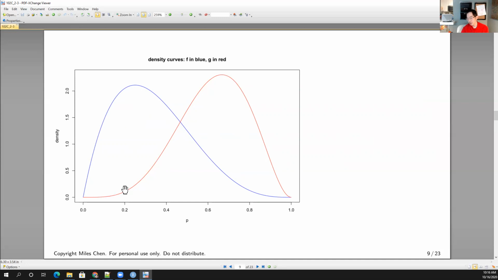They do show up a little bit in my sample of x values drawn from G, but the blue distribution F generates 0.2 way more often than the red distribution does.